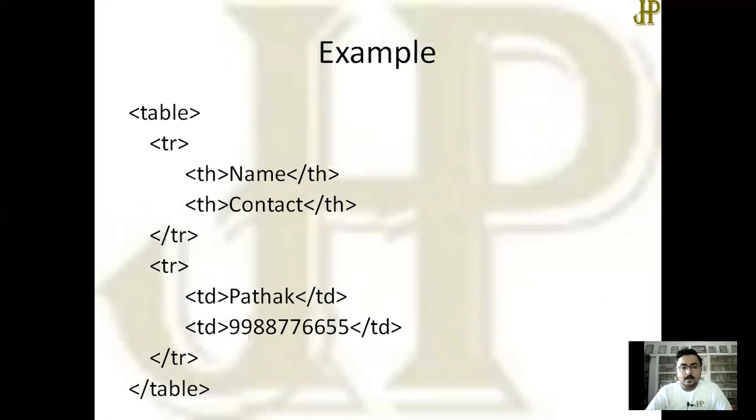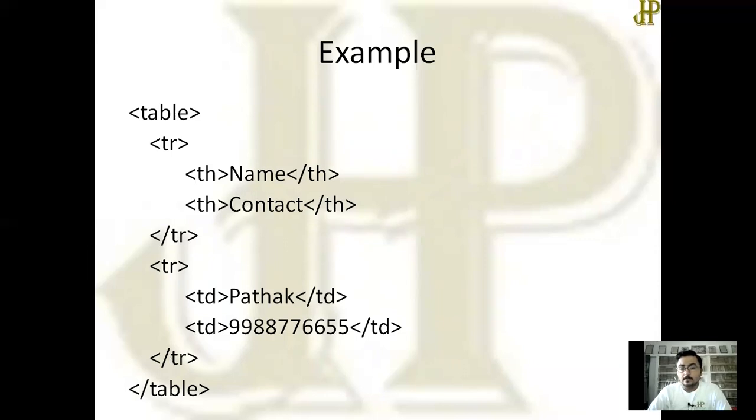Here, I have presented a simple example. Again, table tag opening and closing. Within these, you have to write TR and TD. TR represents a row. So there are two rows I am creating. First TR opening, closing, second TR opening and closing.